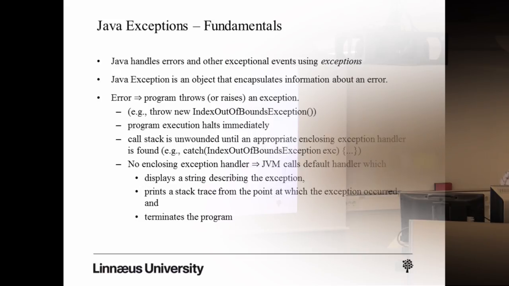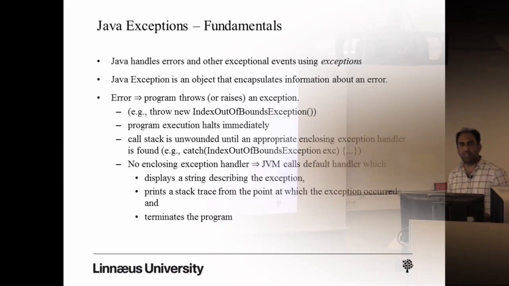So there was some fundamental information that we have already discussed. A few more points about exceptions: Java handles errors and other exceptions using exceptions. So both recoverable and irrecoverable errors are treated as exceptions. And what is an exception?